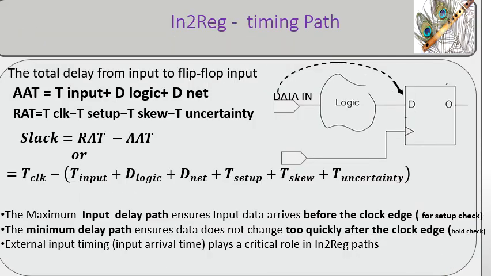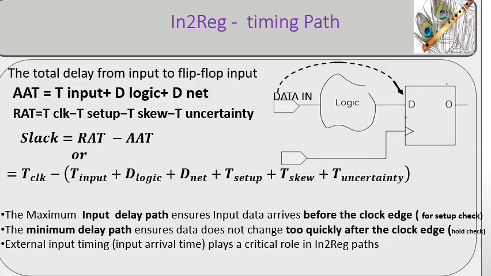The figure illustrates the input-to-register timing path of a synchronous digital design. The incoming data propagates through external combinational gates and, at the active clock edge, is captured by the destination flip-flop. The actual arrival time includes input or external arrival delay, combinational logic, and interconnect delays.